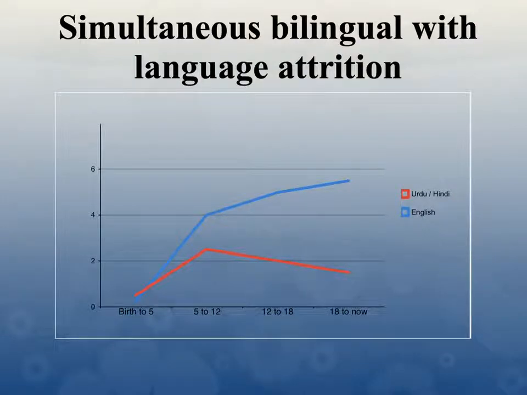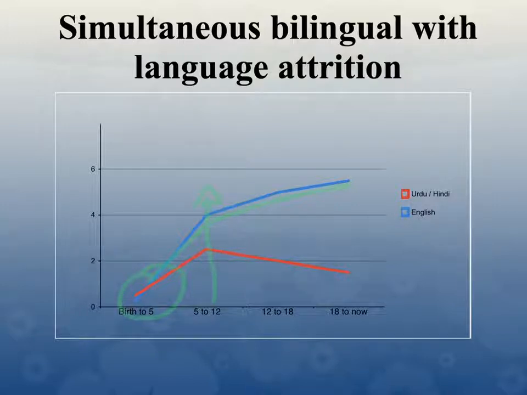In this case, this is an example of what can sometimes happen with children who are born here and whose parents speak a language other than English. It could be any language. In this case, we put Urdu or Hindi. We see that the child gets exposure to both languages in the home. However, once they hit school age and start to have more exposure and schooling in English, English starts to become the much more dominant language.